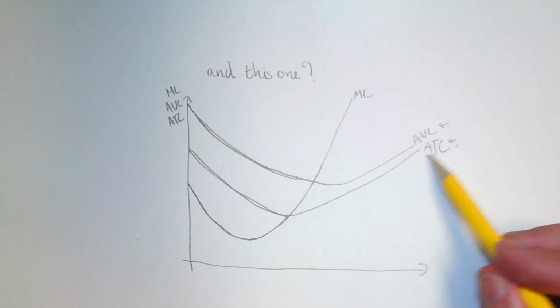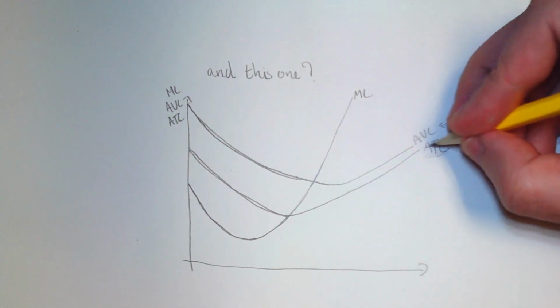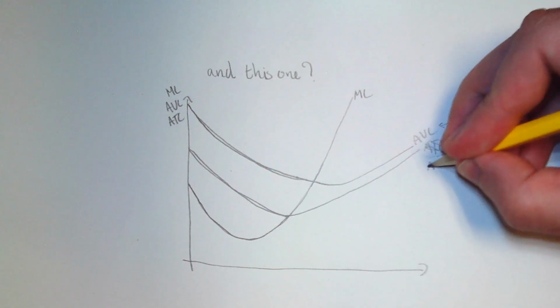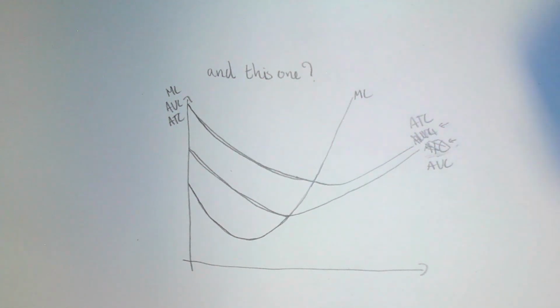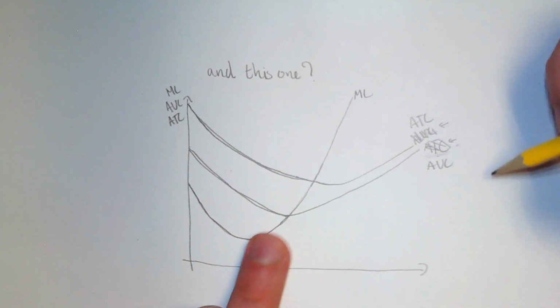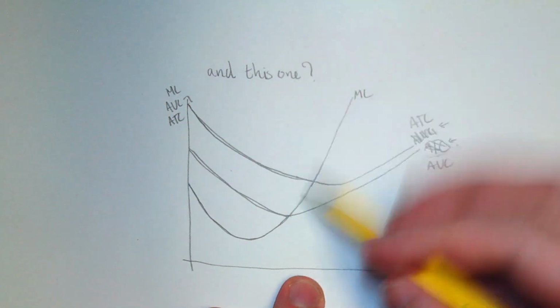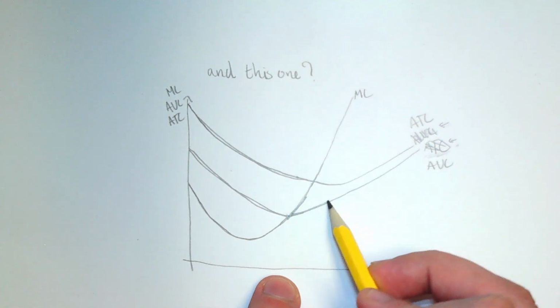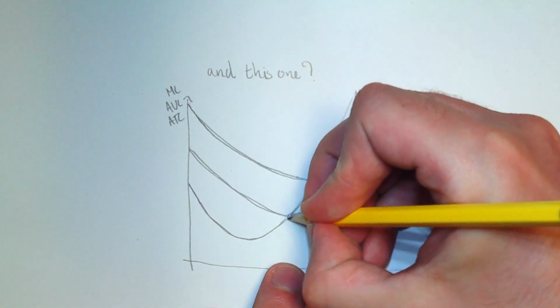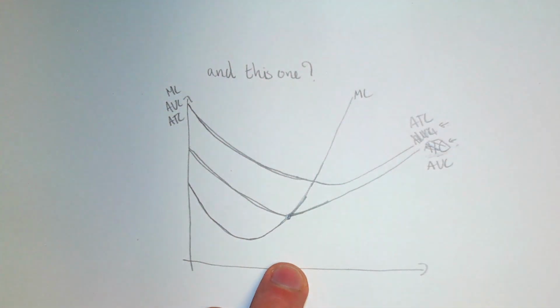This curve here that I labeled as the ATC, which I told you was wrong, was one of the mistakes I wanted you to point out. That was the AVC and that was the ATC, right? The other mistake is that here, this is fine. The marginal is above this average, so this average is going up, and we can see that the minimum of the AVC is right here. That's correct, that's drawn correctly.